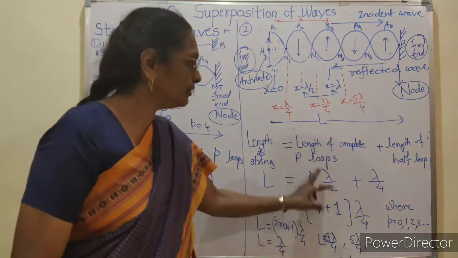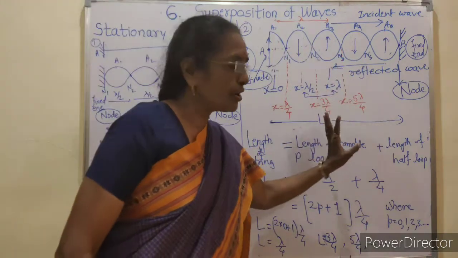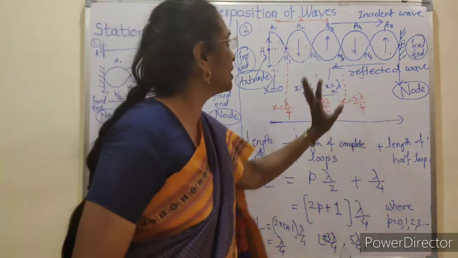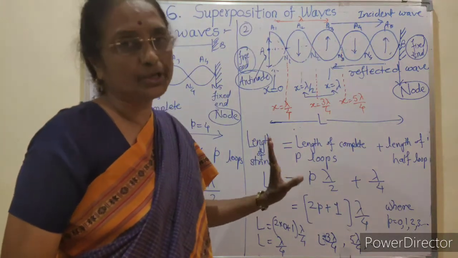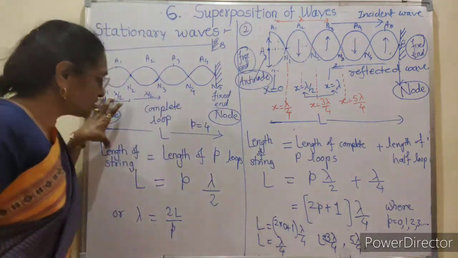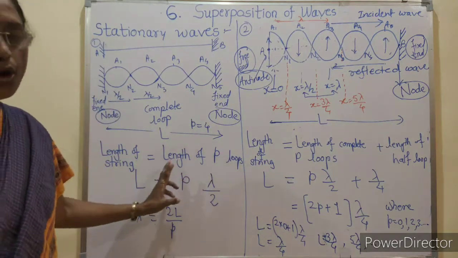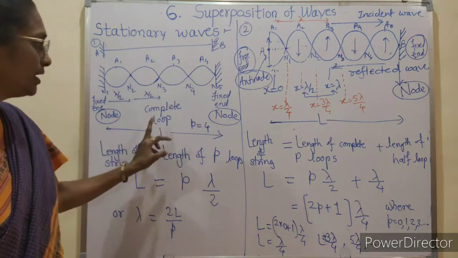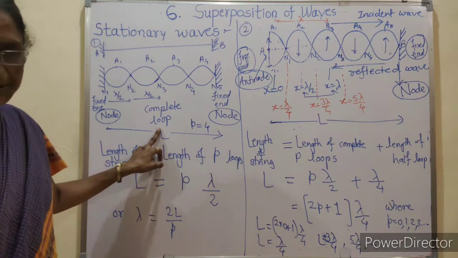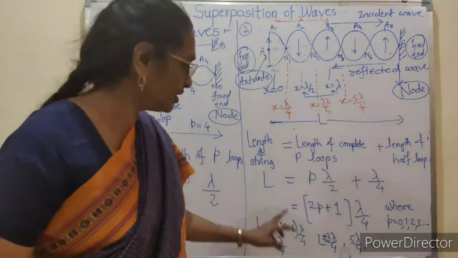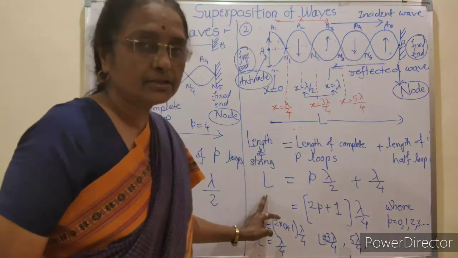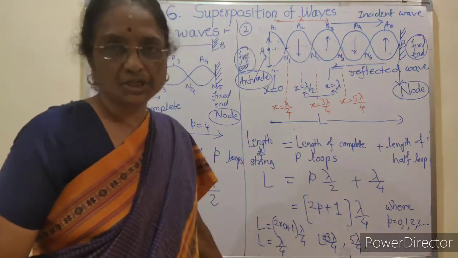So here we have to consider that complete loops are P, and one half loop is also there. In the case of the first example, there are all loops and they are complete loops. But in this case, the half loop also we have to consider while writing the length and lambda relation.